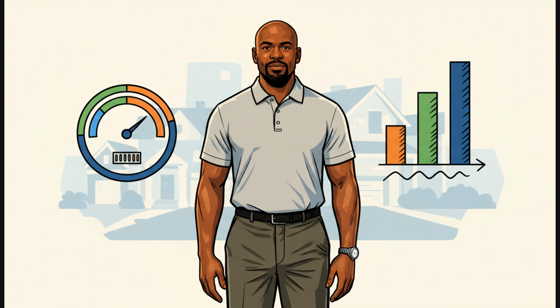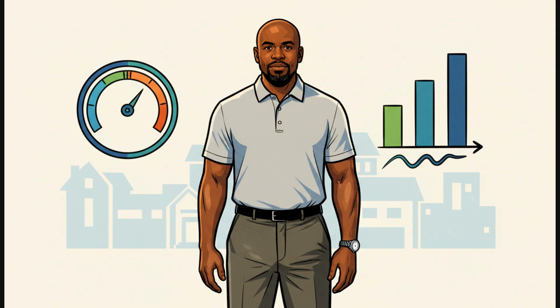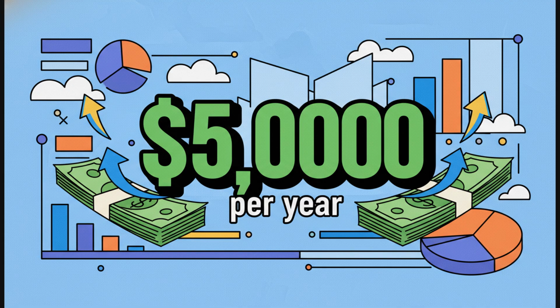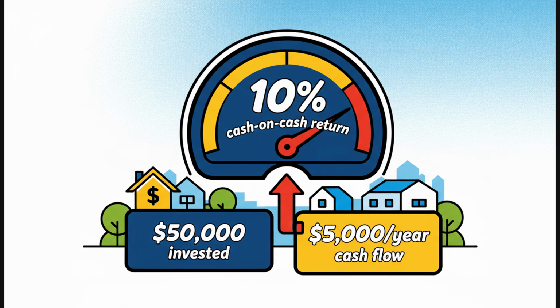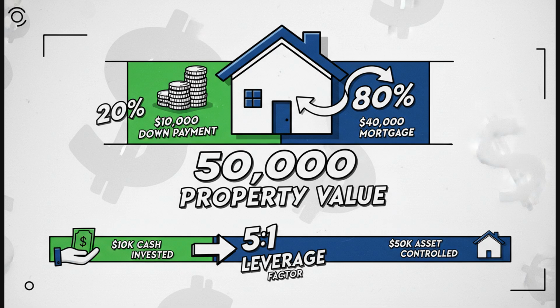Let me explain the leverage advantage, because this is the concept that changed my entire investing philosophy. You buy a $50,000 property with $50,000 cash, no mortgage. You get $5,000 per year in cash flow. 10% cash on cash return. That's solid. Now, you buy the same $50,000 property with $10,000 down and a $40,000 mortgage.